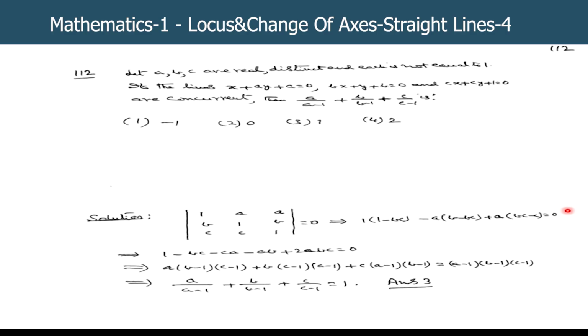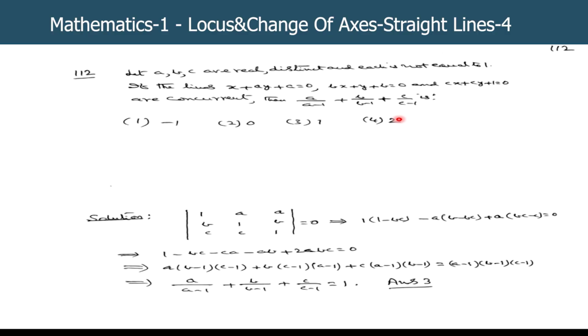Now, what has been given is a by a minus 1 plus b by b minus 1 plus c by c minus 1. For that, we have to simplify by adding some terms. You have to get a into b minus 1 into c minus 1, plus b into c minus 1 into a minus 1, plus c into a minus 1 into b minus 1, and this must be 3abc.